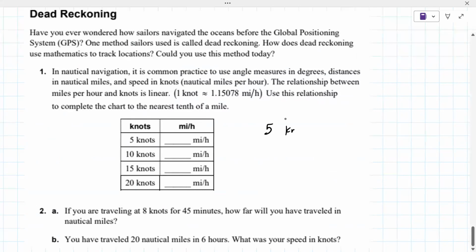So 5 knots times, and then you draw a little fraction bar, and your knots converts to miles per hour through this conversion here. So 1 knot is 1.15078. Okay. So the short of it is you're going to multiply each of these numbers by 1.15078.